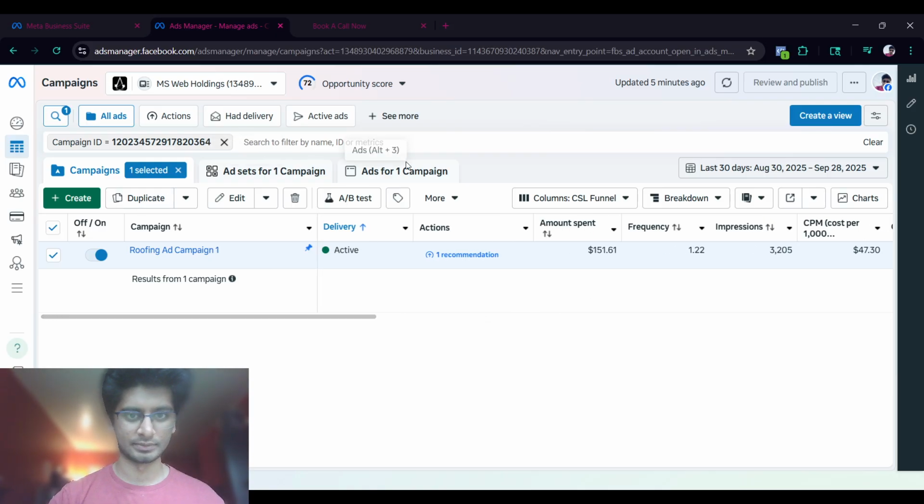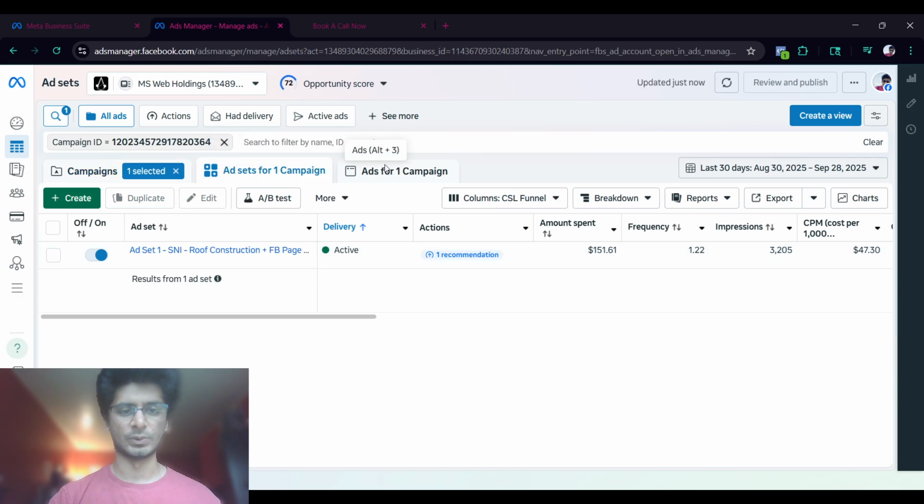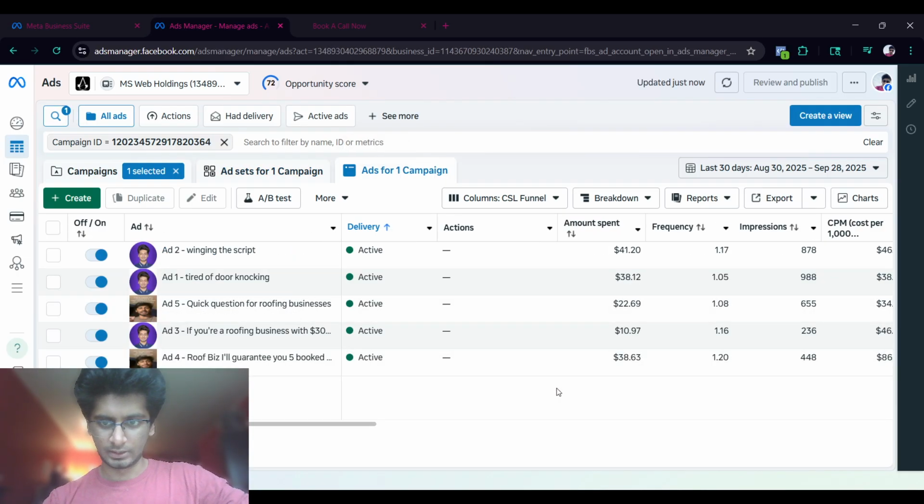Let me actually see these ads. We only have one ad set, so it's the same results. Let's see the ads. Let me actually check something, because I have the Ads Manager app on my phone.